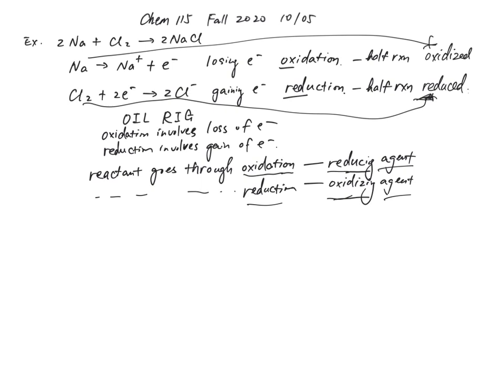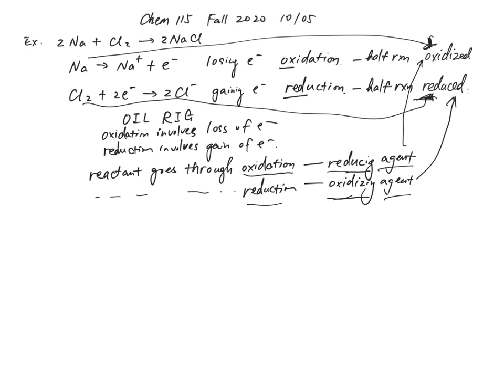It's got to be sodium, the only other reactant in the reaction. And if sodium is oxidized, who oxidized the sodium? It's got to be the chlorine. So chlorine is the oxidizing agent, and sodium is the reducing agent.